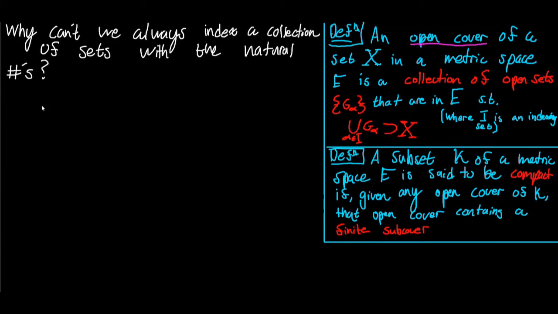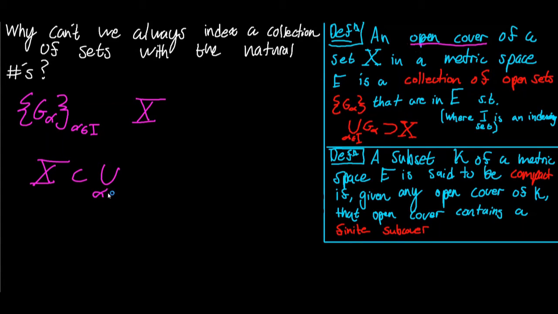Let's say I have a collection of open sets G sub alpha, for all alpha in our indexing set I. And I say that this collection of open sets is an open cover for a set X. Then what I mean by that is X is contained in the union of all of these G alphas, over all alpha in I.